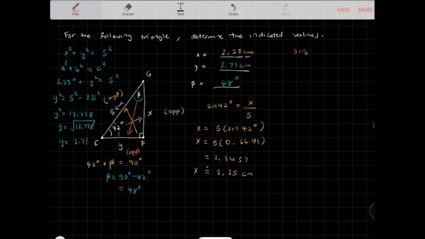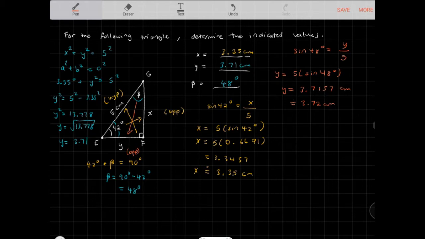So I'm just going to use sine 48 degrees, which is beta, is equal to the opposite side, y, over the hypotenuse 5. Y is equal to 5 times sine 48 degrees, which is also 3.7157 centimeters. So that's approximately 3.72 centimeters, which is basically what we have here.